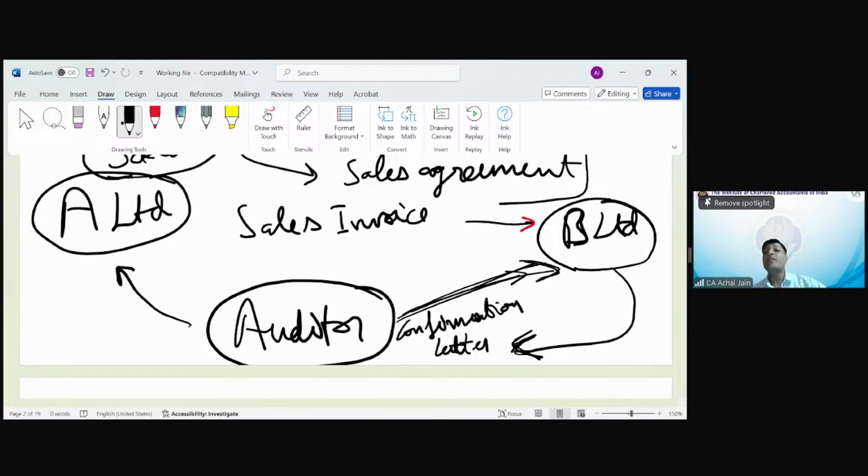So if B Limited, or the debtors, or any of the parties are not responding, that is when the auditor will reach out to A Limited again: please request your parties to respond. The auditor is not saying that the parties should reach out to the management.